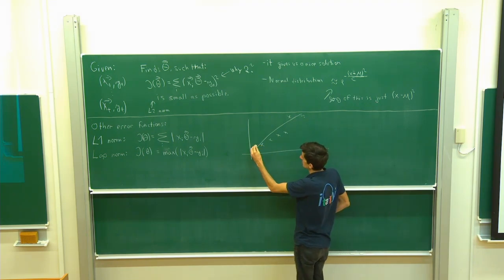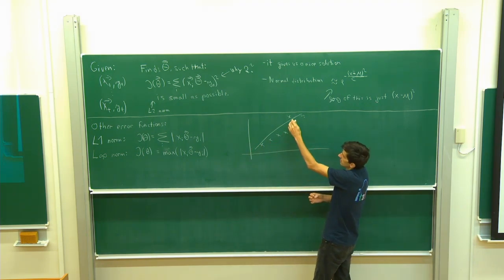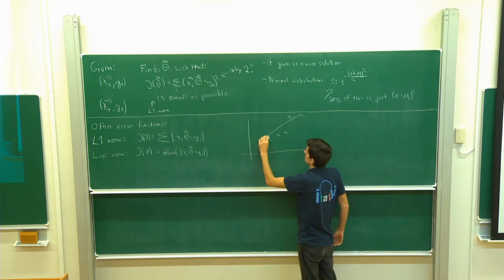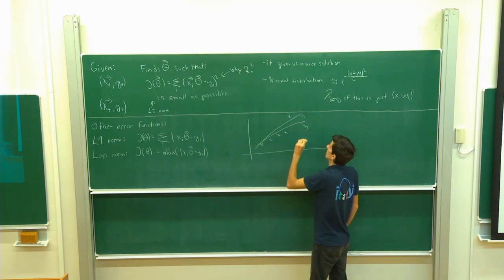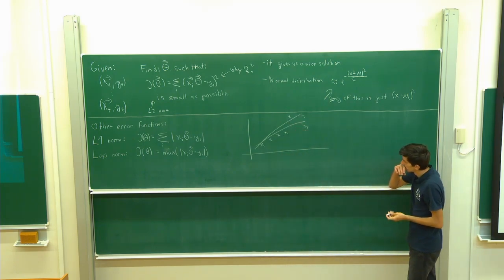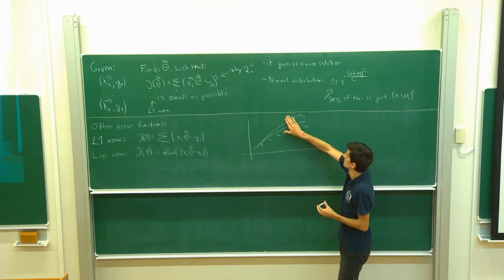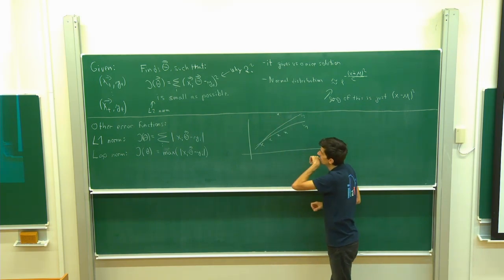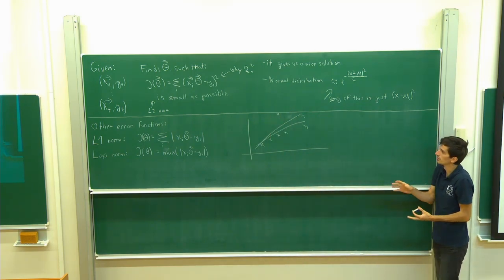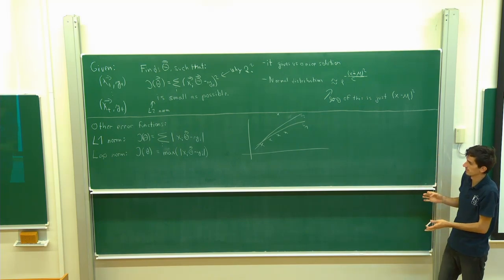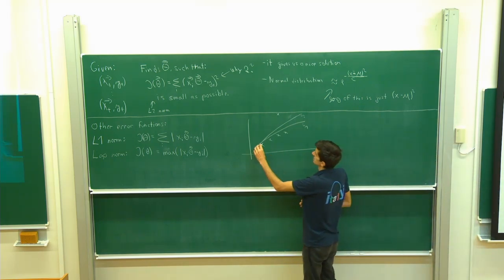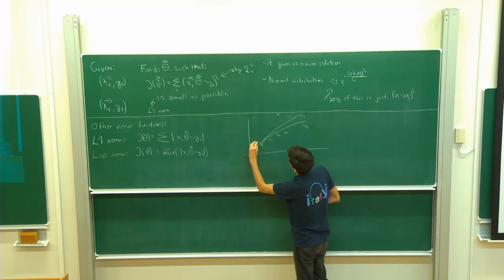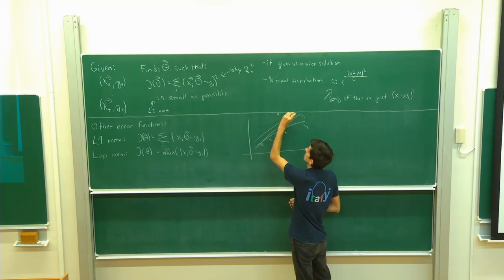The L1 norm would a little bit ignore that outlier, so you go like this. And the L infinity norm would actually follow the outlier as much as possible, so it will be somehow centered around here.